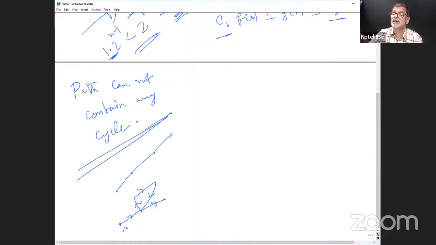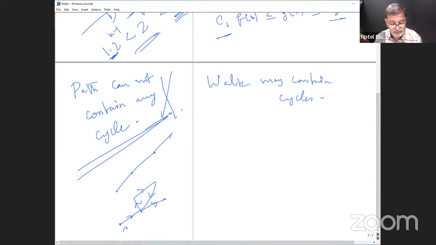So a walk may contain cycles, but paths cannot contain any cycle, because in a path there is no repetition of vertices or edges. That is the major difference.